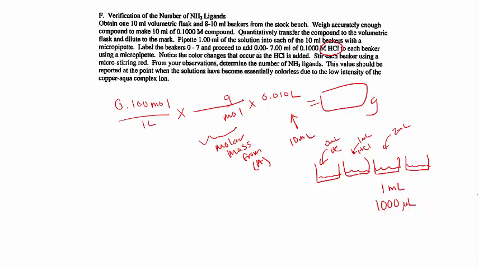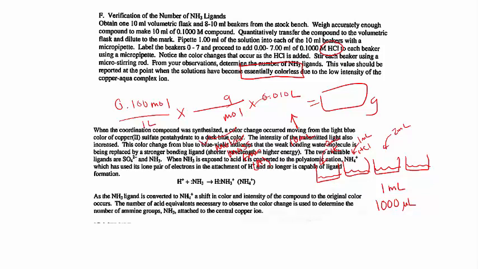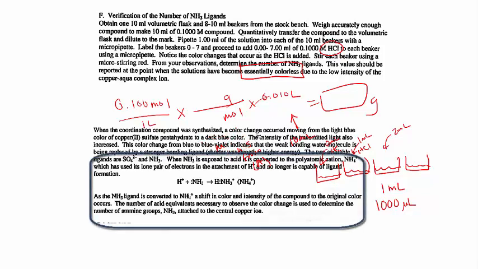From your observations, determine the number of NH3 ligands. This value should be recorded at the point when the solutions have become essentially colorless. So you're looking for a colorless solution due to the low intensity of the copper aqua complex ions. So again, going back to that page 13 of the lab, let me erase this stuff. NH3.